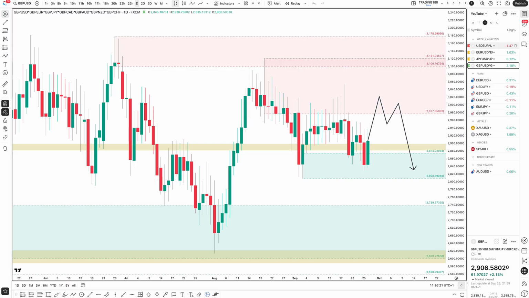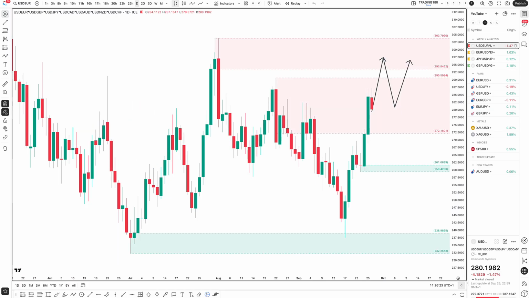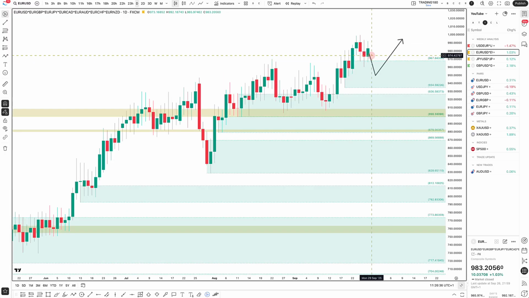So ultimately, the dollar can be a buy or a sell depending on the data. I'm still leaning towards a sell at the moment. Technically, it's setting up for a sell, but I'm going to wait for a few more things before making my final decision. The euro is still a buy, just waiting for a pullback.